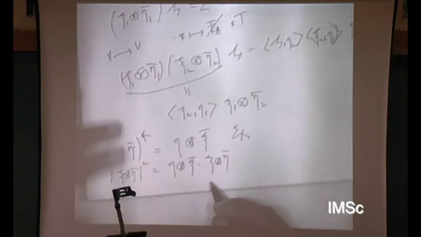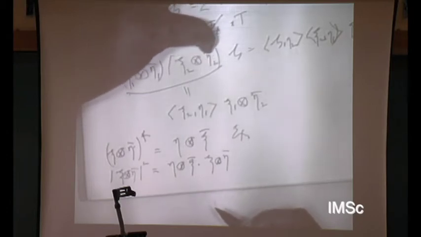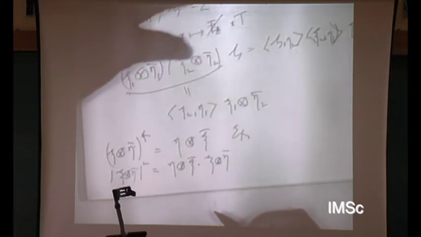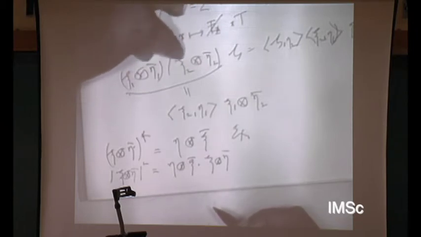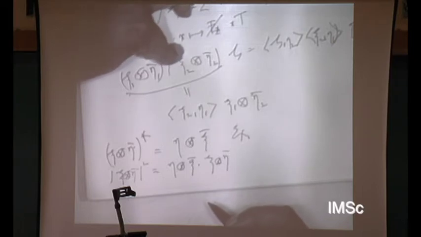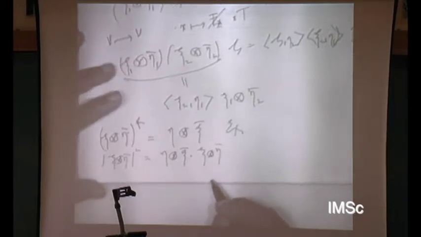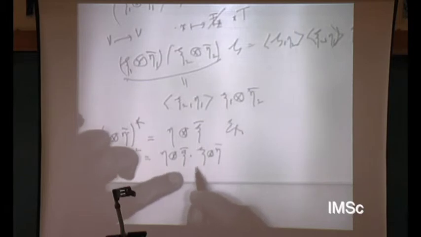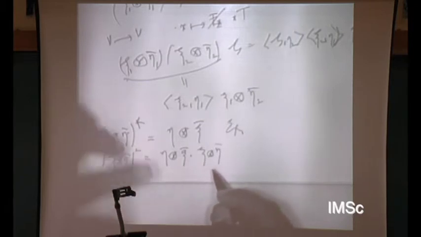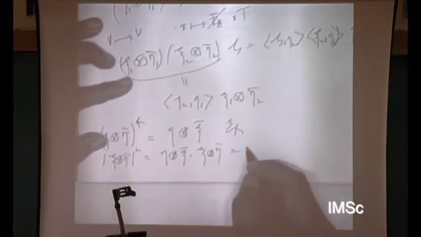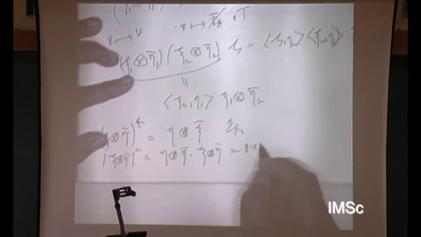And what is this? We wrote down the rule for multiplication. You take the inner product of the middle two fellows, observing which is linear and which is conjugate linear. So here the middle two are just psi and psi bar. So this is just going to be norm psi squared times eta tensor eta bar.